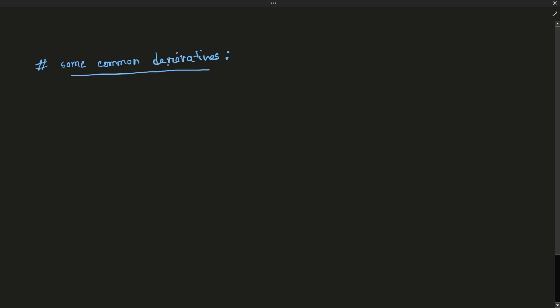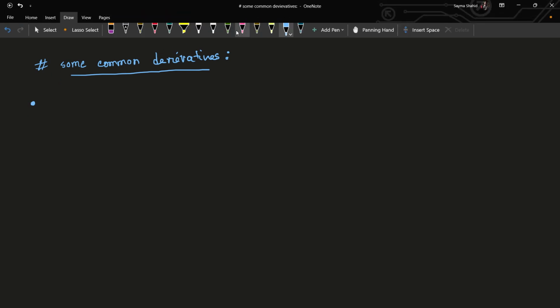Basically, calculating the derivative of most functions we know, such as constant function, linear function, quadratics, polynomial, exponential, logarithmic, etc. We will see afterwards. So let's start with the derivative of a constant.